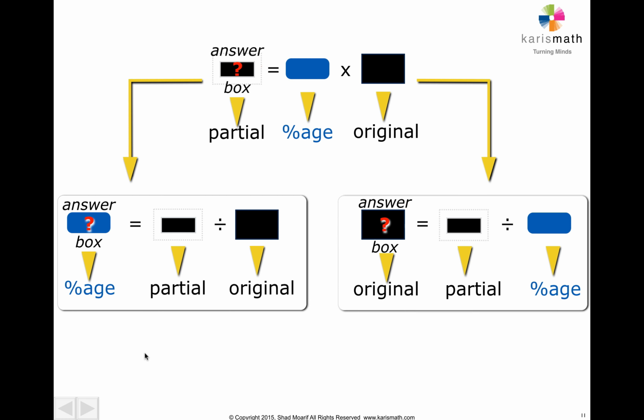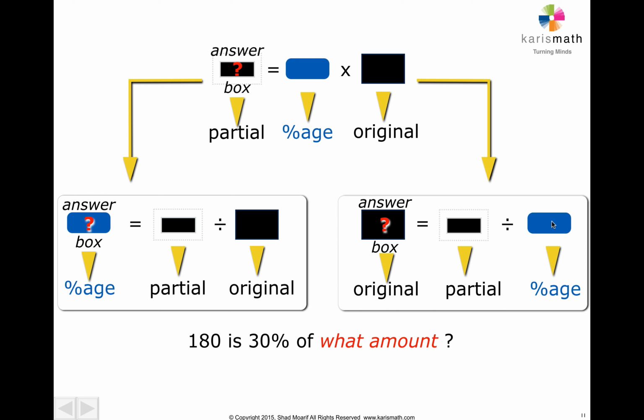If I ask a question, for example, 180 is 30% of what amount? Notice, 30% of what amount? 180 is a small amount. 30% of what amount? That means we're looking for the original amount, right? Which means we're looking for this answer box right there. So we'll be using this format to find the answer. This is the unknown.